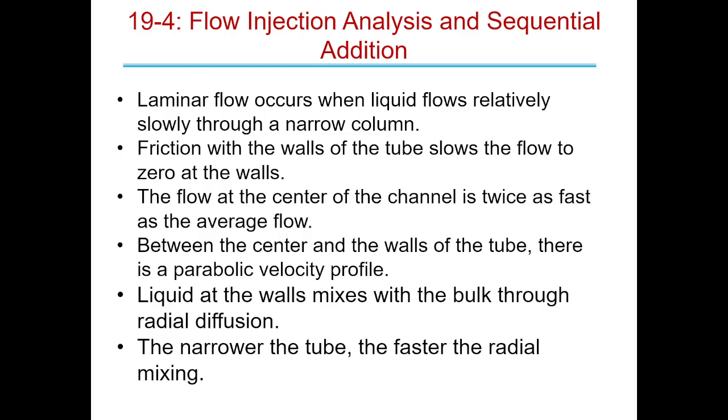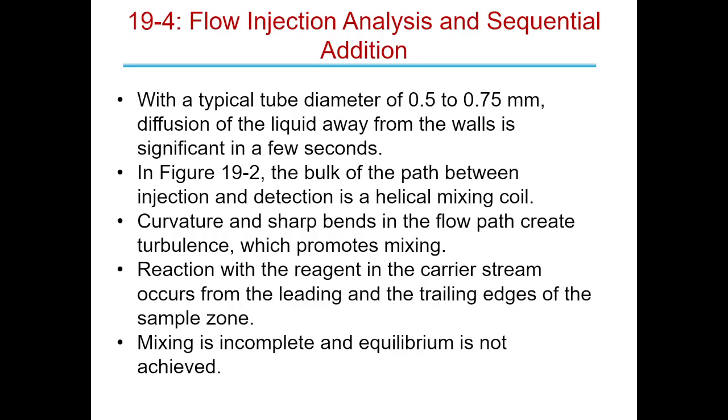If you have a very large tube, you get a very slow radial diffusion, right? So it takes a long time to go from the middle to the edges. If you have a much smaller tube, that takes a lot less time, doesn't it? So with a typical tube diameter of 0.5 to 0.75 millimeters, that is not big, is it? No. I mean, it's not like you can't see this. You can very easily see this, right? But it's a tiny tube.